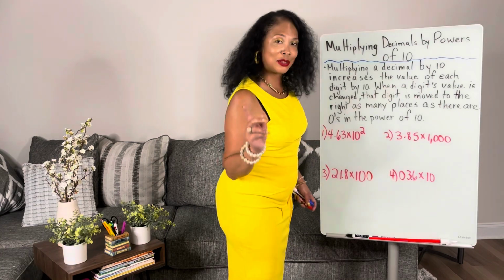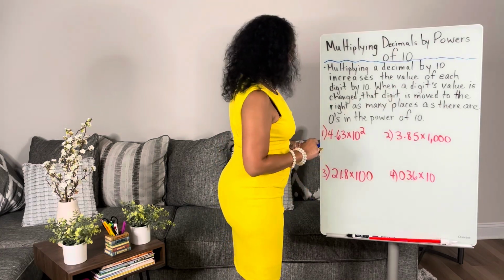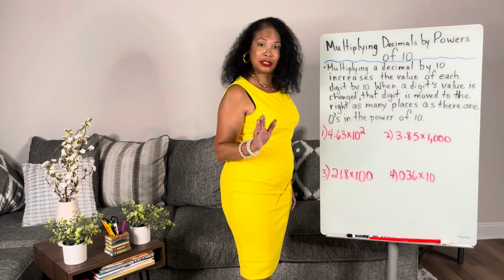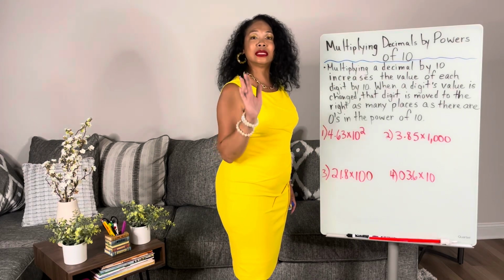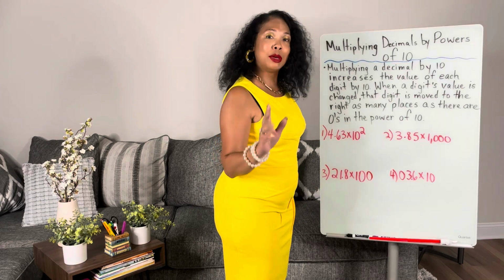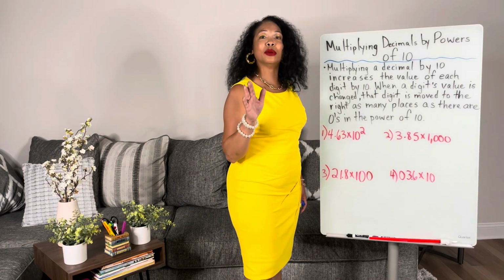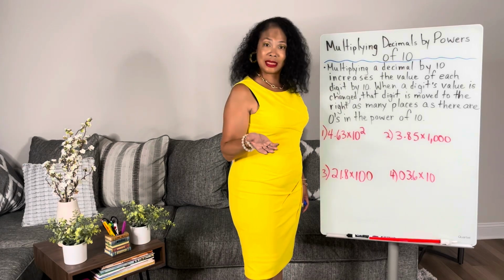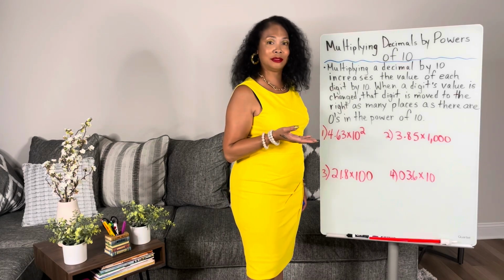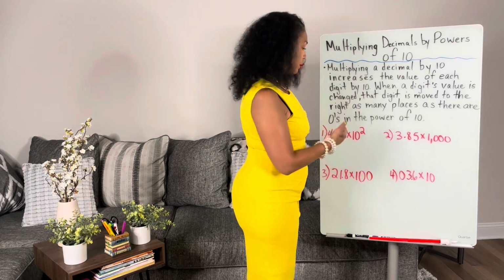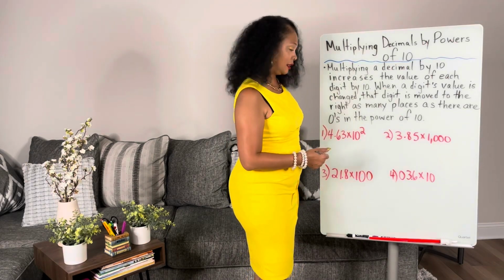Let's look at our first example. Our first example is 4 and 63 hundredths times 10 to the second power. And remember our lesson on exponents? 10 to the second power tells you how many times you have to multiply, right? The base number is used as a factor, okay?